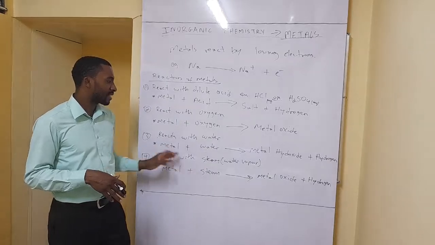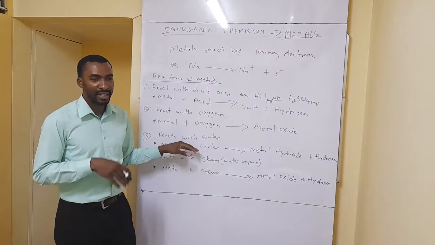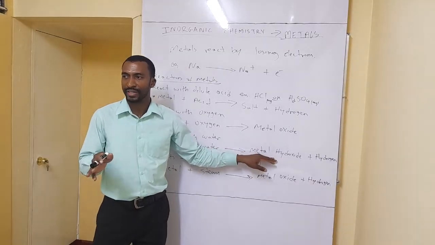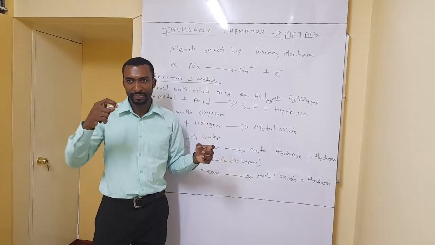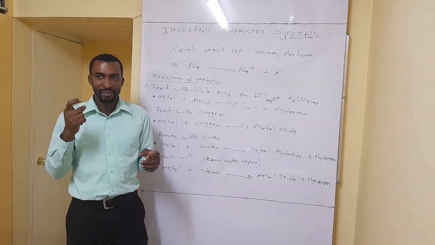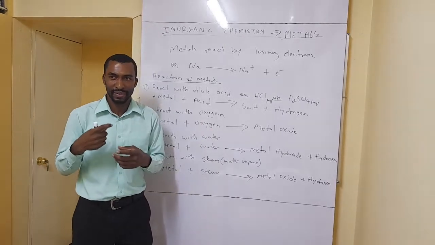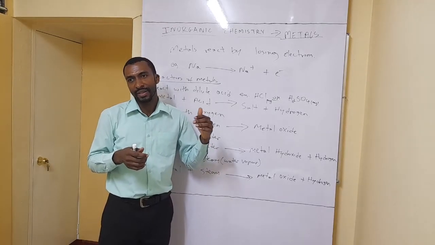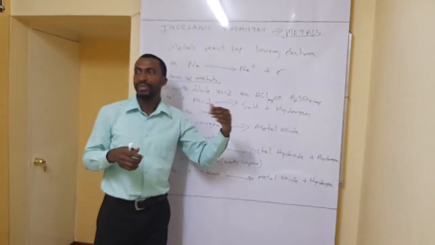So technically, as long as we have the metal in the water, the oxide that is formed initially is going to dissolve to form the hydroxide. So that is why you have to bear in mind that initially the oxide will be formed, but it will dissolve in water to produce the hydroxide. Because all metal oxide normally dissolves or reacts with water to produce the hydroxide.